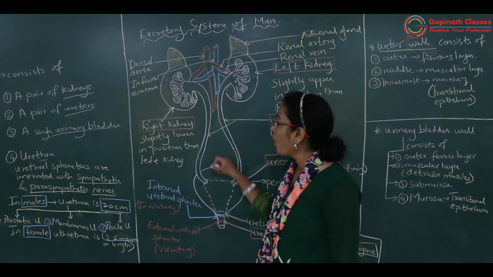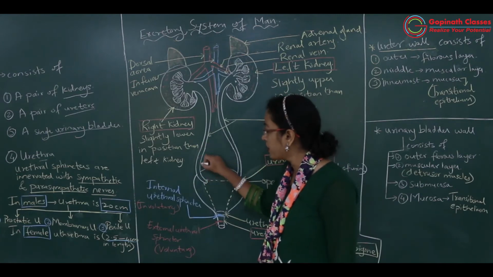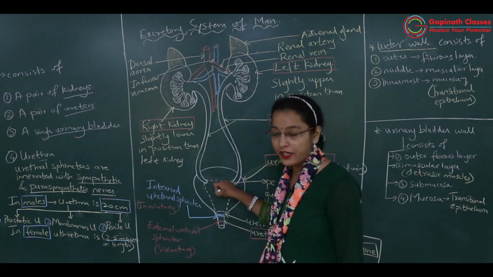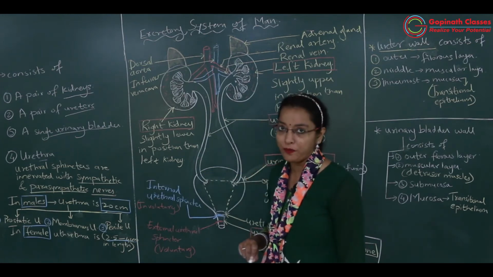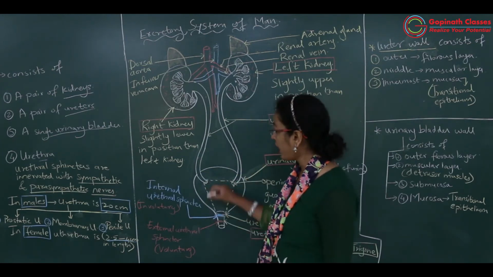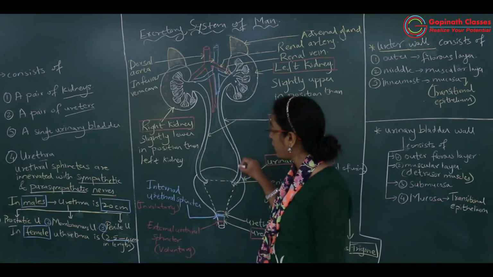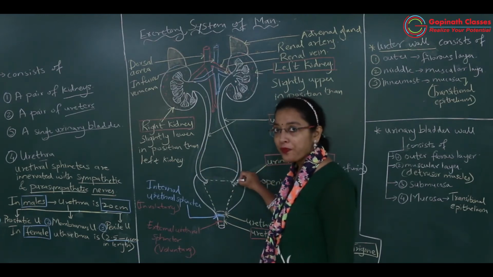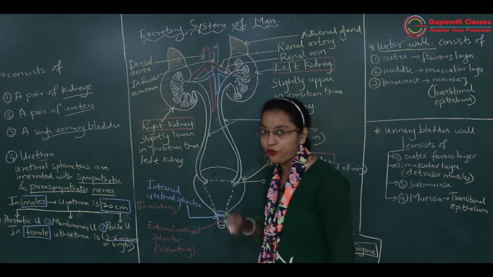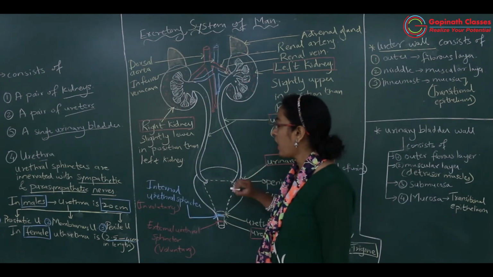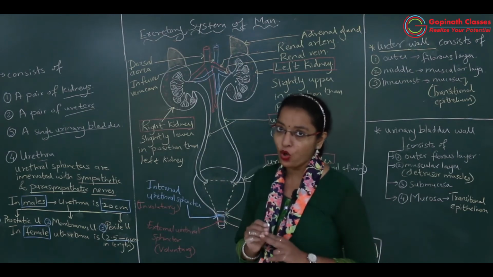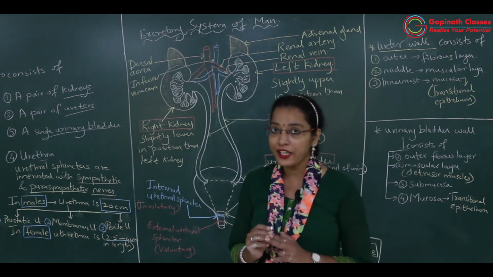Okay, so जो यूरिन यहाँ से यहाँ आ रहा है यूरिनरी ब्लैडर में, it is coming in angular form. Okay, so the ureters are opening in angular form. So a pair of ureters are opening in angular form. Why are they opening in angular form?